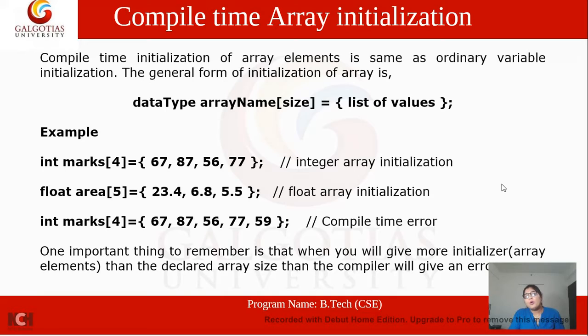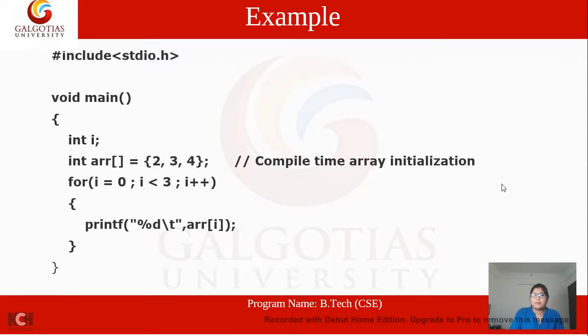Let's move on to an example to understand this: in a C program, how would you say that this is my compile time array initialization? So this is the simple code. Again, a header file is included, and then in the main function, we have declared one integer variable I, and we have one integer data type array with the name ARR.